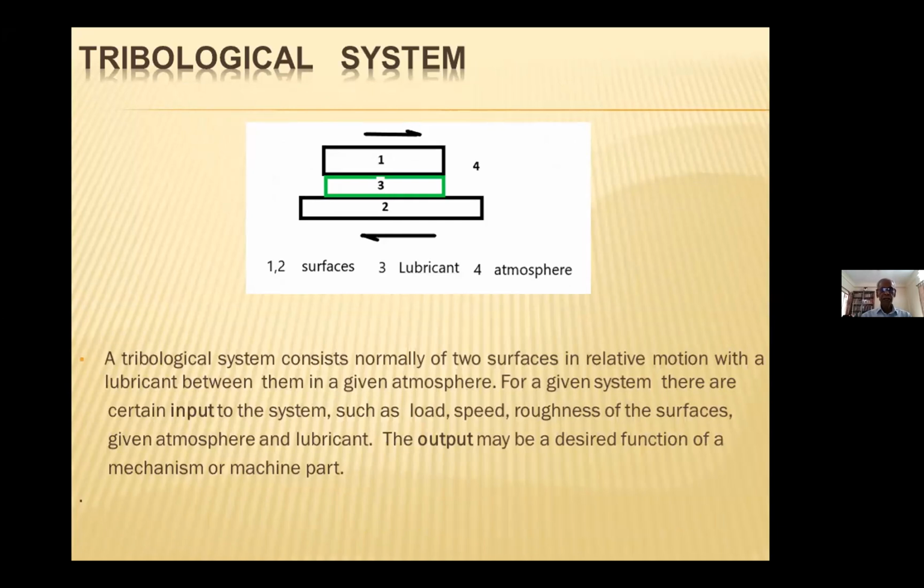4 is the atmosphere. It's very important, because if you slide two surfaces in vacuum, you'll find that it's extremely difficult. Friction is very high. Why is that? Because there is no lubricant between the two surfaces.